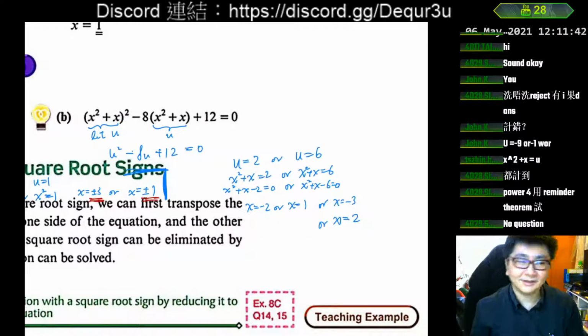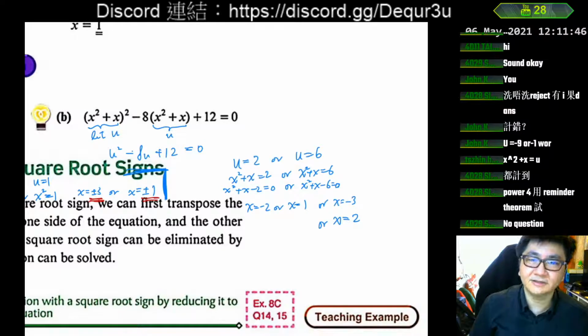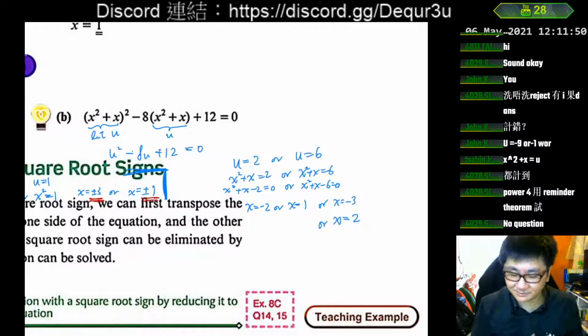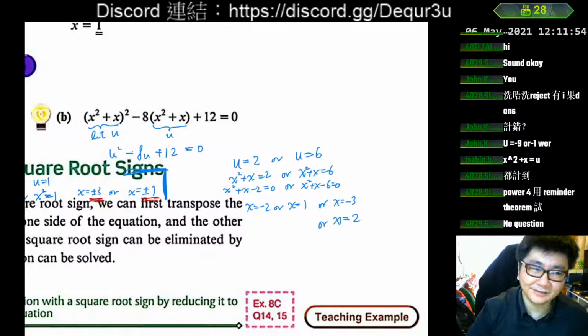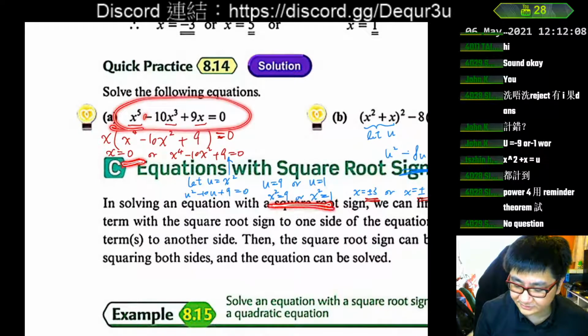So in fact, in general, if we have a degree n equation, that means when we see some high degree, probably it may not just be 4 or 5, maybe probably 6 or more, then the maximum number of roots, the greatest number of roots that we can have is also n. Like in part A, a degree 5 equation, we can have at most 5 roots.